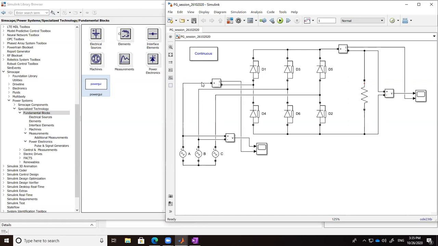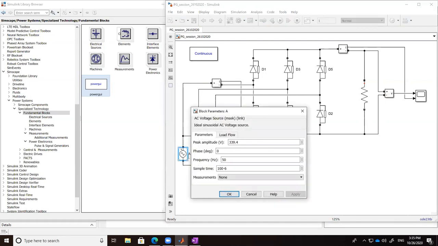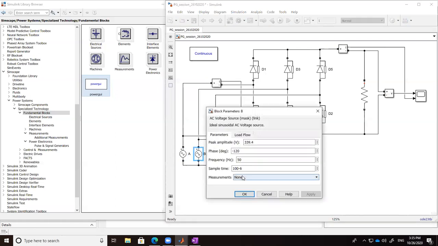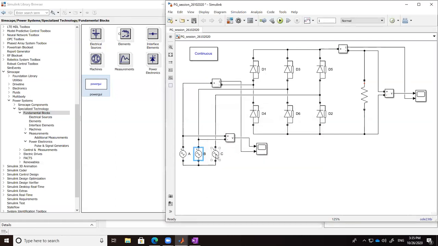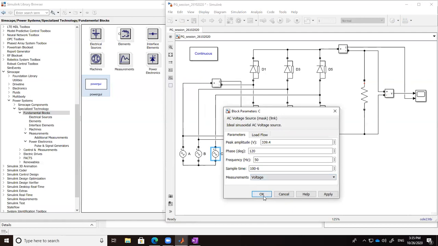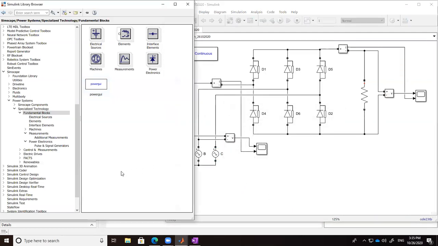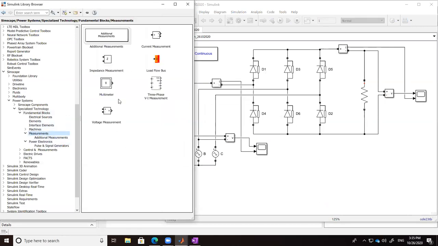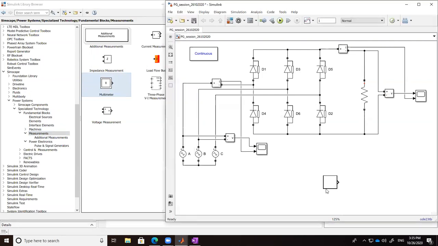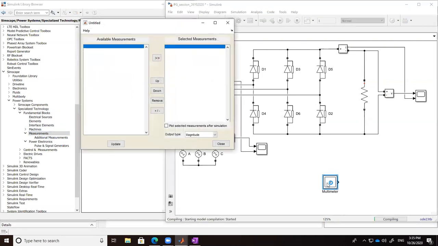If you want to display all three phase voltages, then you can certainly go for voltage here, and one voltage here. In such cases, we go to the measurement block, bring a multimeter, and double click on it.